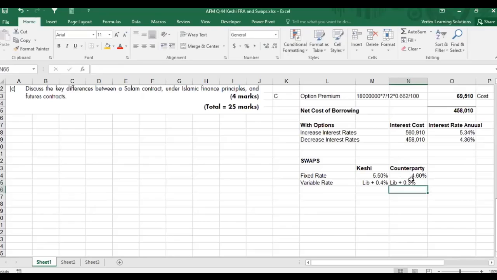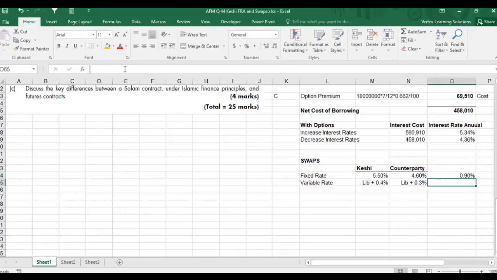Now, whenever you see a swap question, you always first make sure whether there is any benefit of doing the swap or not. The difference between these two numbers is 0.9. Actually, let me remove the percentage.